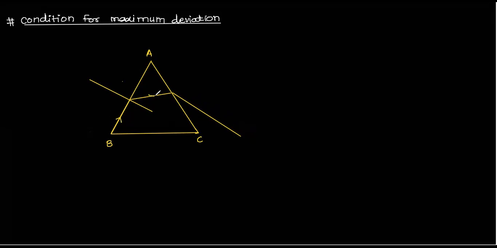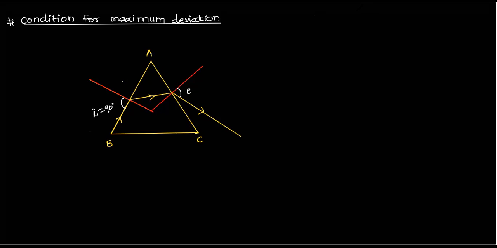So this is the incident ray, refracted ray, and this is the emergent ray. And again I am drawing one more normal, let me draw this normal with red color. So here this is the angle of incidence, and this angle is equal to 90 degrees. And this one is your angle of emergence. You can denote it with i2 also.